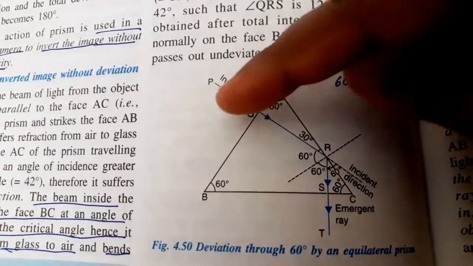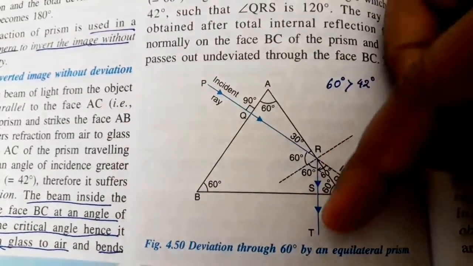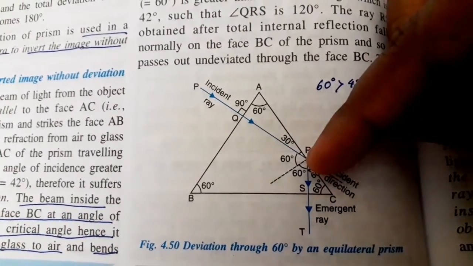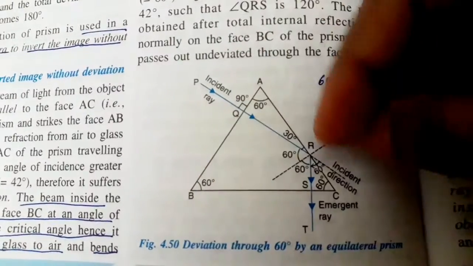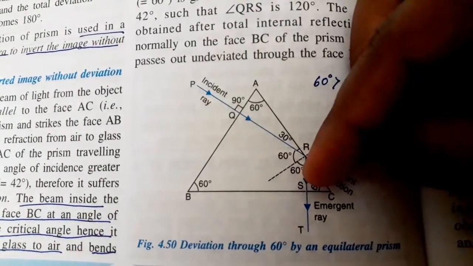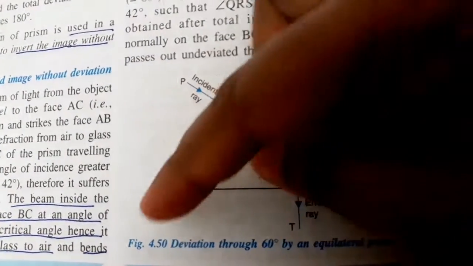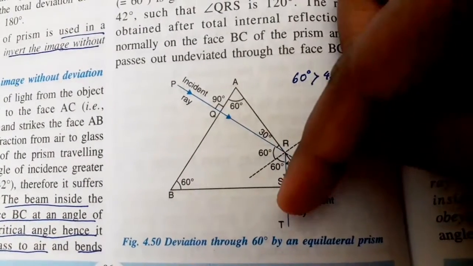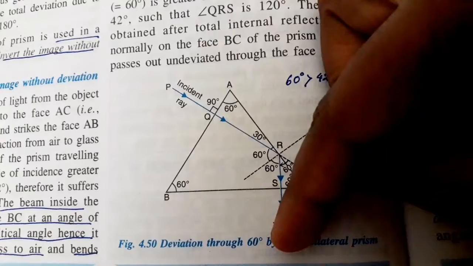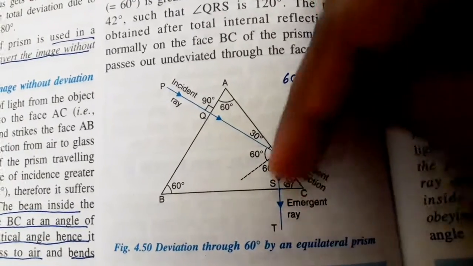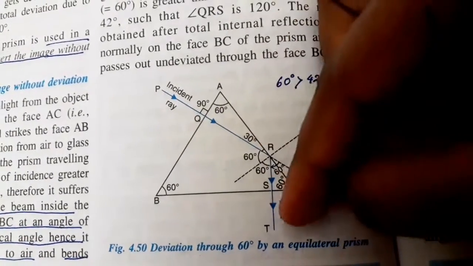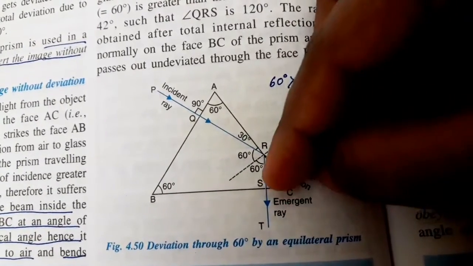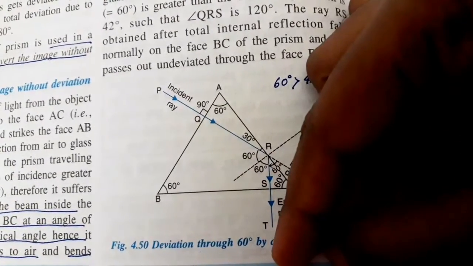As it goes 60 degrees towards the side, it falls normally on the surface BC, so it will pass undeviated. So we will get the emergent ray this side as ST. ST is the emergent ray.